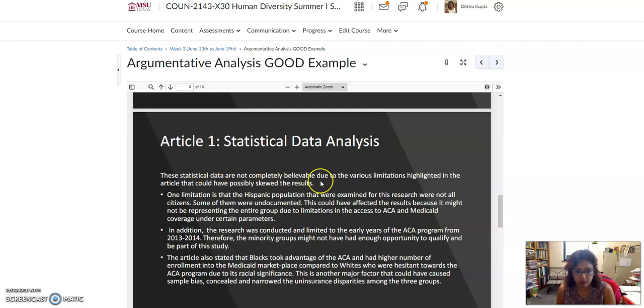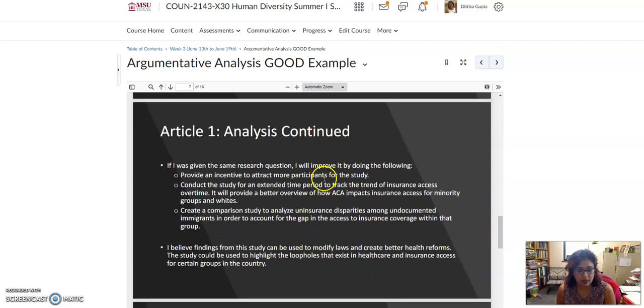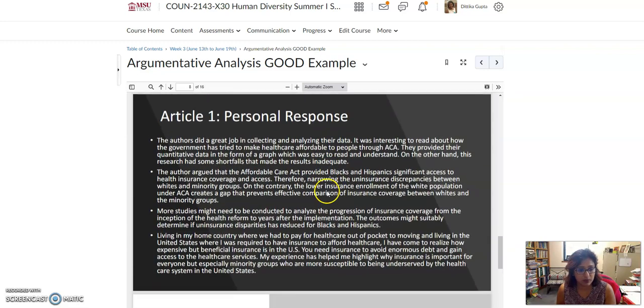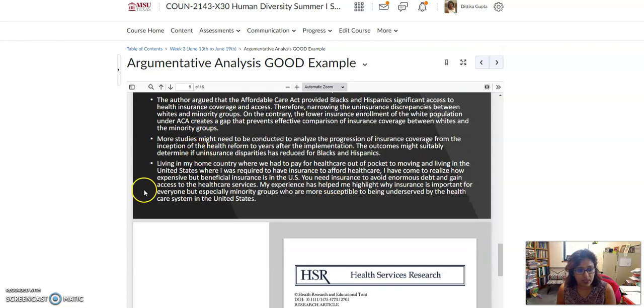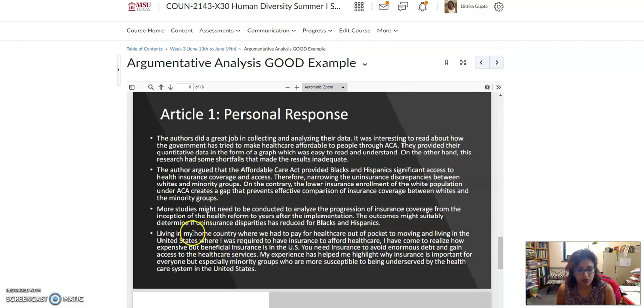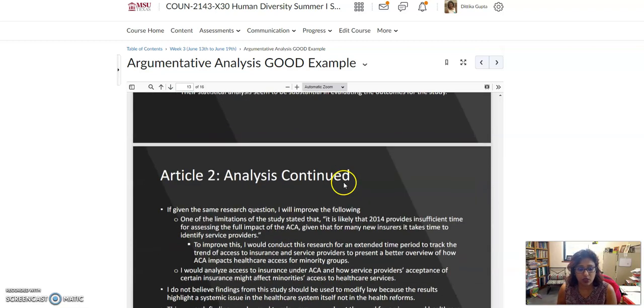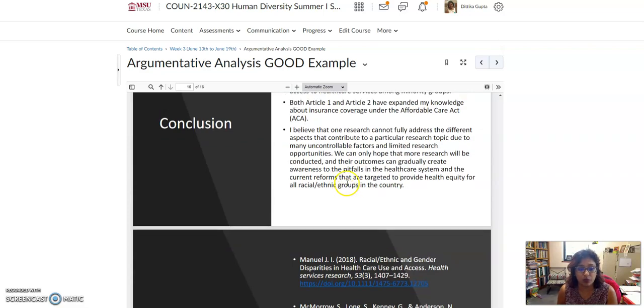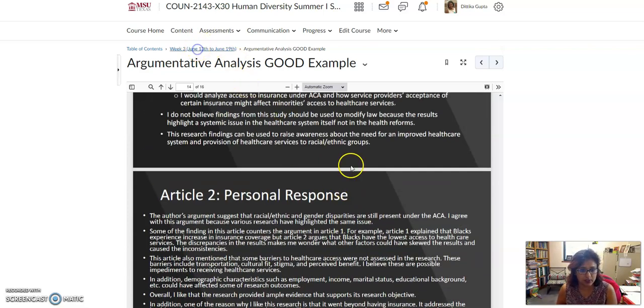They said not completely believable because of the various limitations. Then you had the analysis, I believe that the findings can be used to modify law, so this is where it comes up over there. Personal response, and then in the same area in the personal response it also talks about the relation for the positioning, as to how you analyze, and the same thing is done for the other article. This is a really good format if you want to follow this format for your article argument analysis.